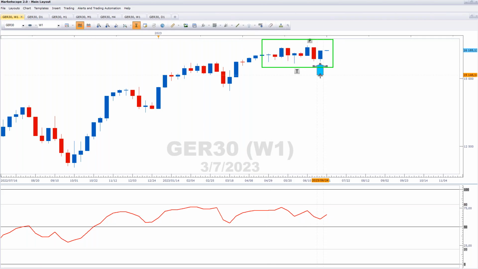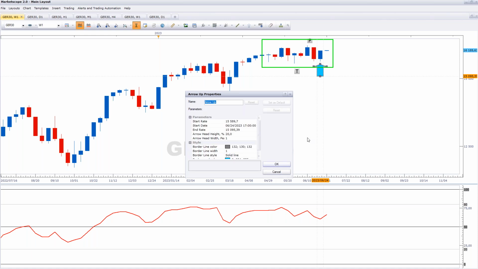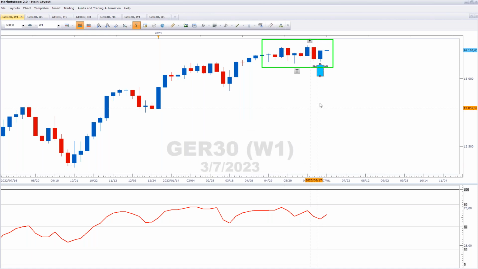It's got what looks to me to be the lowest low. Let's just double check that. So the low here, 15,702.31. Yeah, so this is the lowest low. So what we could do is keep an eye out for a reference reversal here, and see if there's going to be a reference reversal.